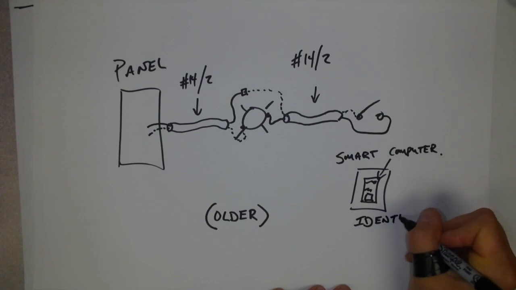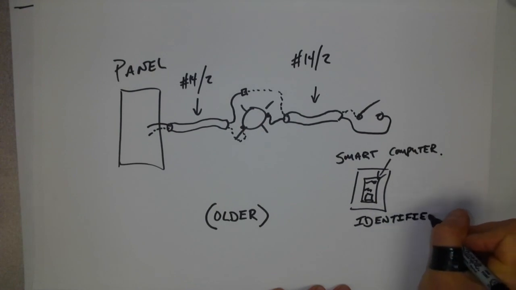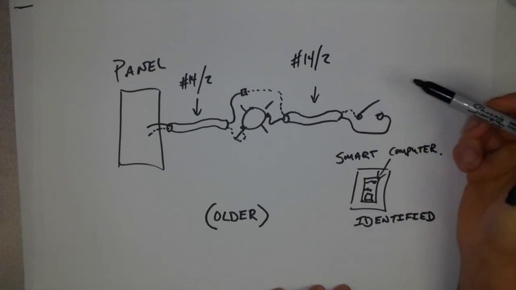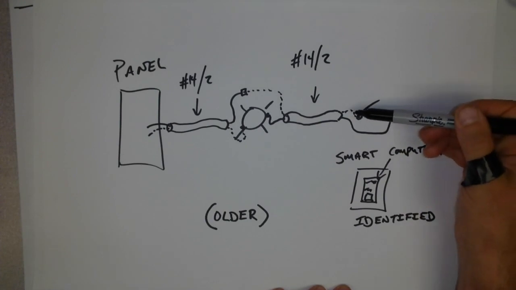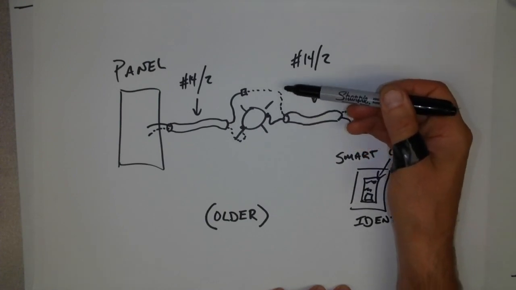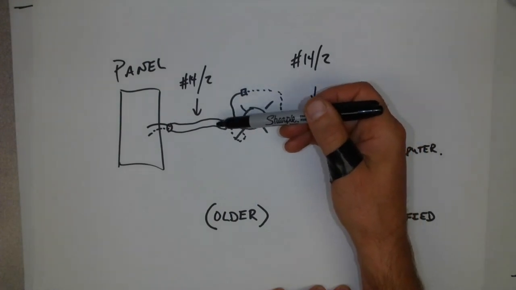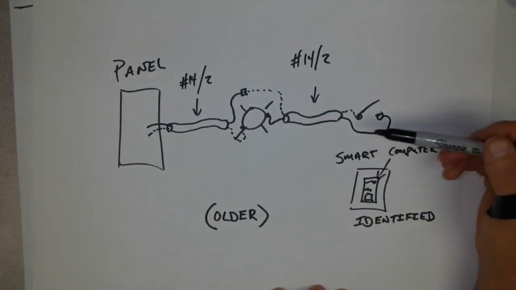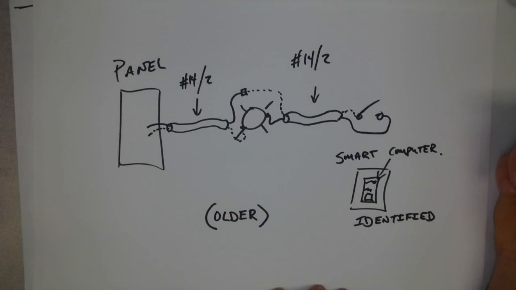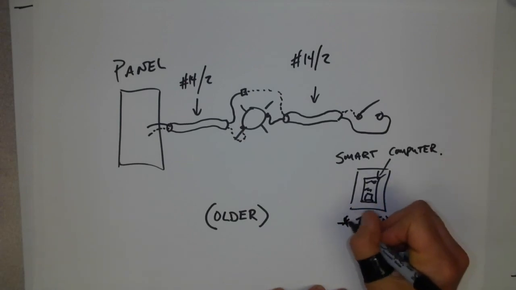And at this point, we do not have an identified available here. Remember, this white conductor is not really an identified, is it? It's actually connected back to the hot conductor, which goes all the way back to the panel. And so anything like this, a smart light switch, would require an identified to function.